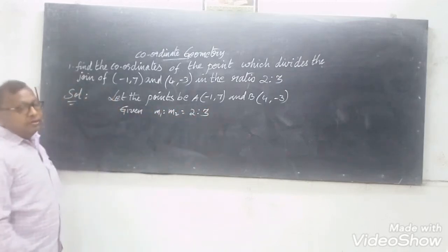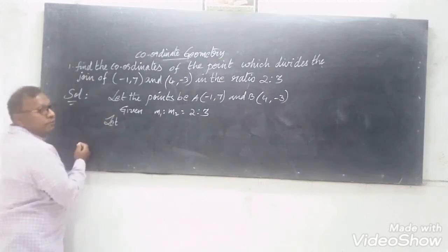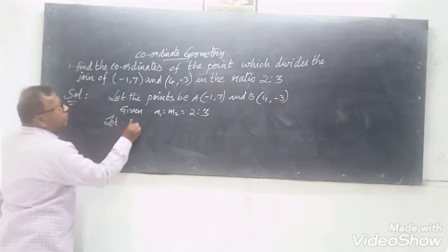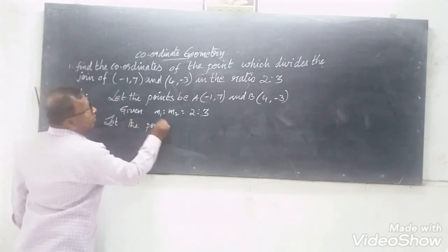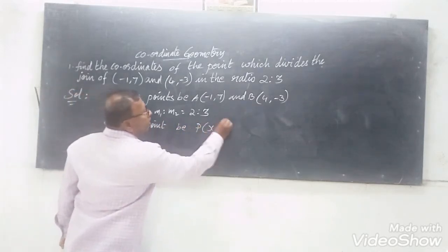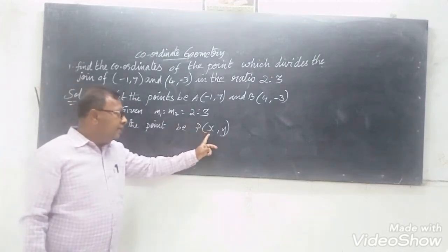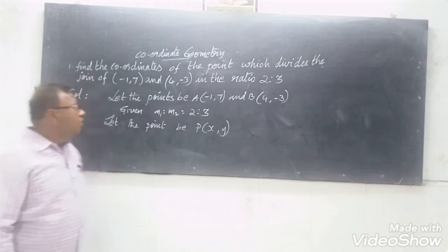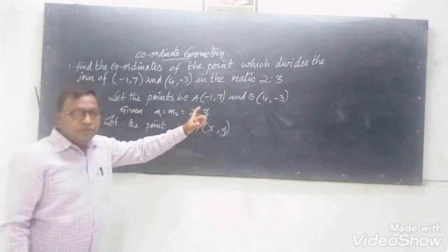This is the ratio. Now, let the point dividing be P(x, y). Now we have to find the coordinates of this point P, that is x and y, which divides the join of these two in the ratio 2 is to 3.